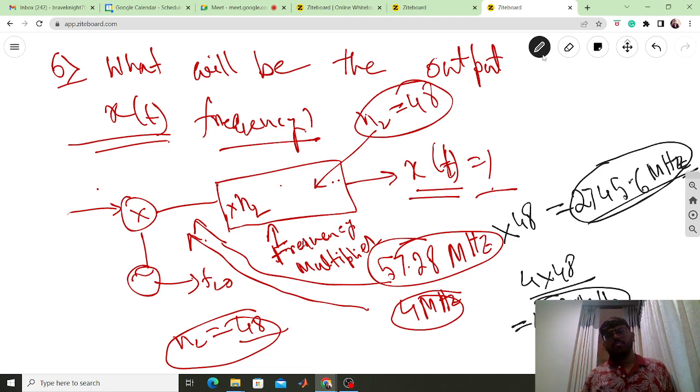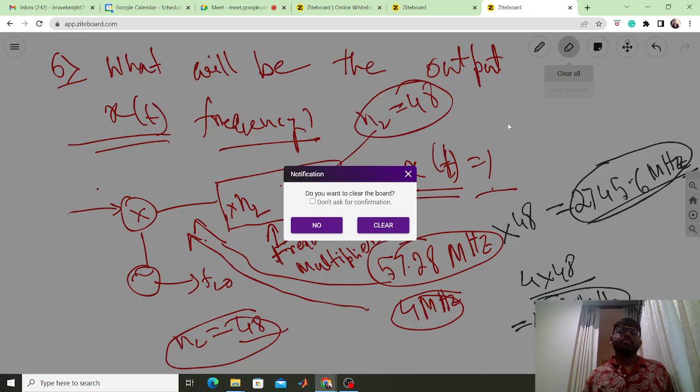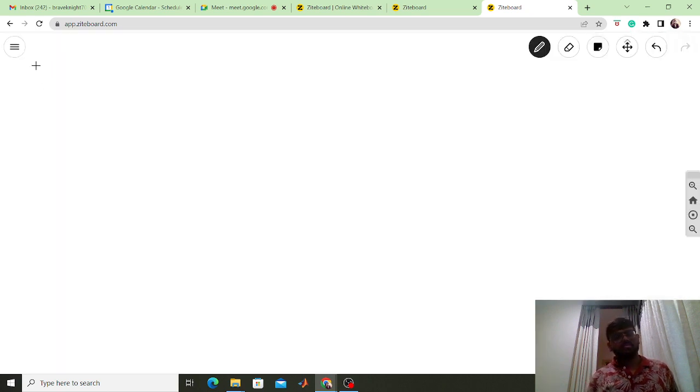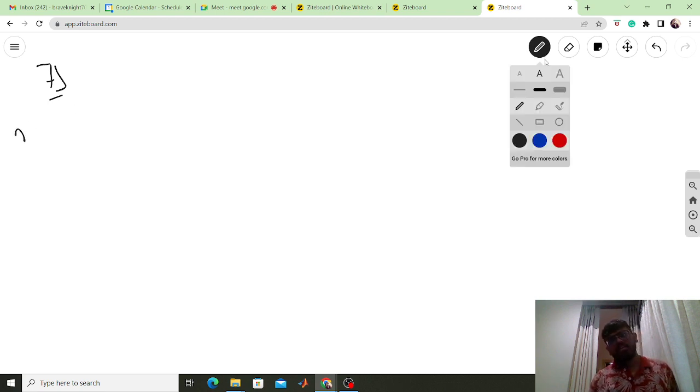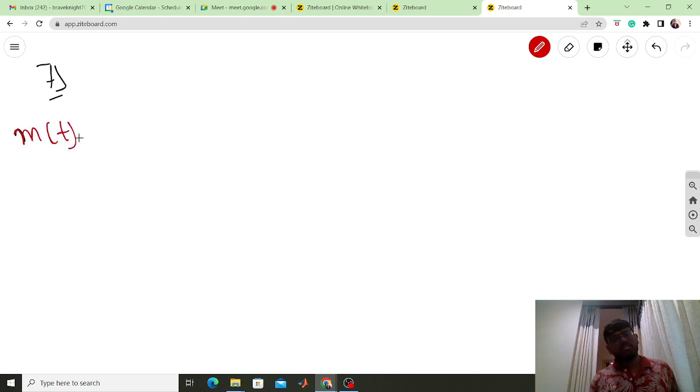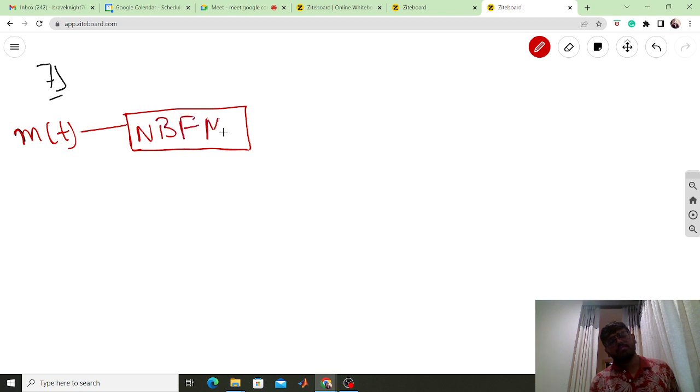Okay, I'm just drawing that question once again for the next question now, 7. Just drawing the block diagram once again. That is, it was like MT that is going to a modulator, and here it is F1.